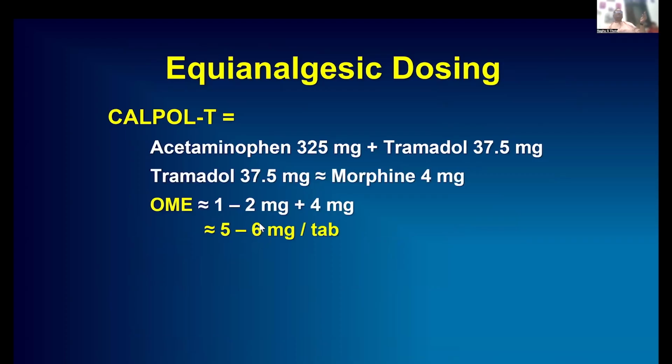It's not that I'm giving Calpol-T, so the patient comes and if pain is increasing more, then I would need to give him morphine 5 milligrams. No, he's already taking 5 to 6 milligrams of morphine equivalent. Though it is not morphine, it is equivalent to that much morphine, that Calpol-T. So if his pain rises, then we need to give more to these patients.